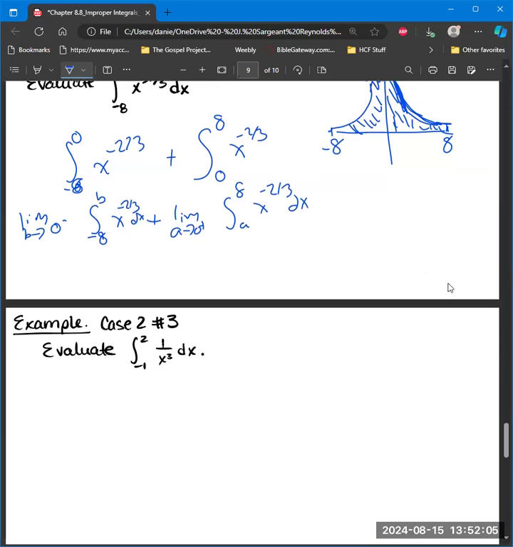That is going to be equal to the limit as b goes to 0 from the left of, add 1 to this, it's going to be x to the 1/3. And then dividing by 1/3 gives you a 3 there. And this is going to go from -8 to b, plus the limit as a approaches 0 from the right. Same thing over here, 3x to the 1/3, from a to 8.